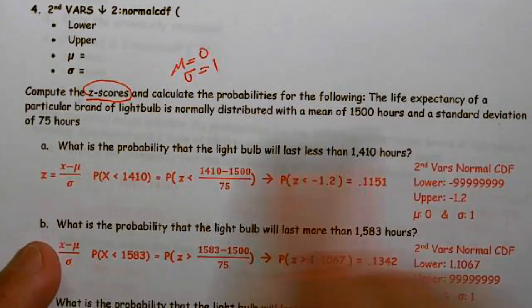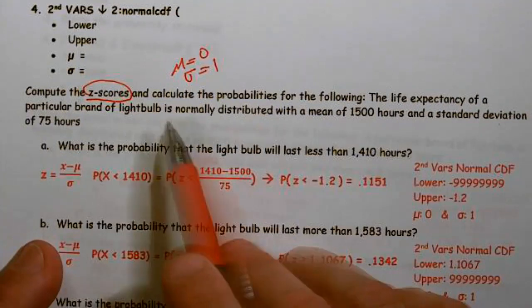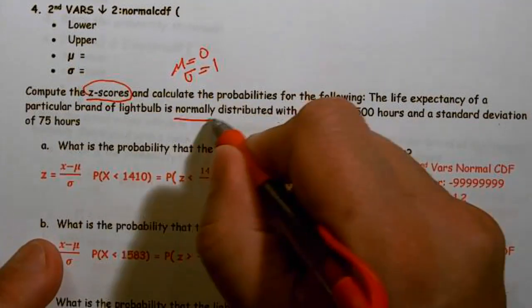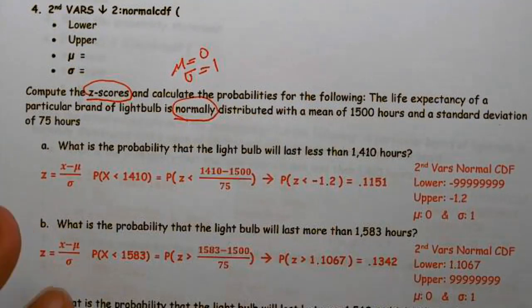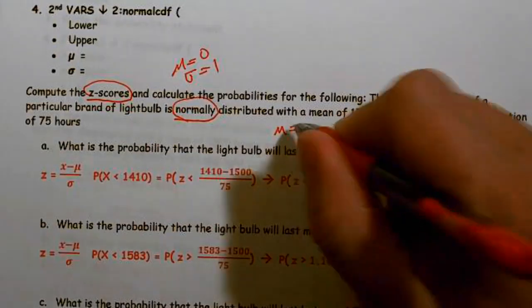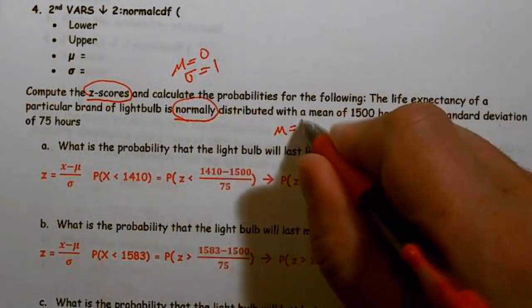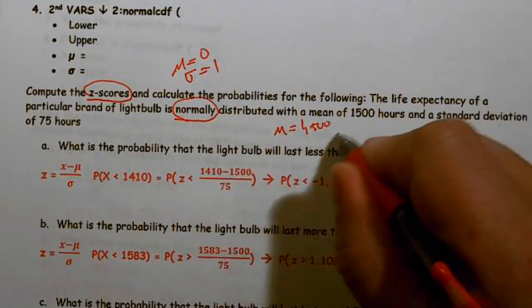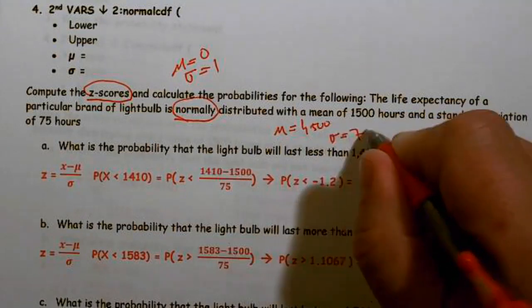The life expectancy of a particular brand of light bulb is normally distributed. Really important. This tells me I can use the normal distribution probabilities for the normal part of the calculator with a mean of 1500 and a standard deviation of 75. So they're telling me, all right, the mean is 1500 and the standard deviation is 75.